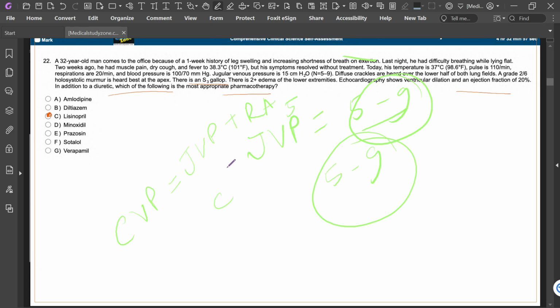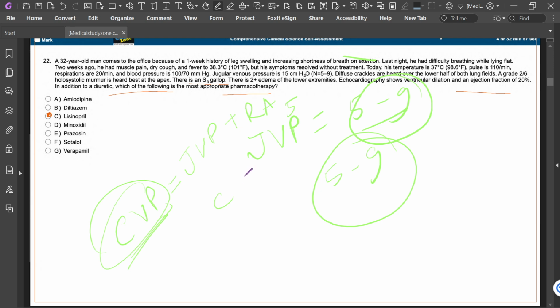I thought the JVP would be 3 to 5 normal, but here they said 5 to 9. We need to look at that question too.